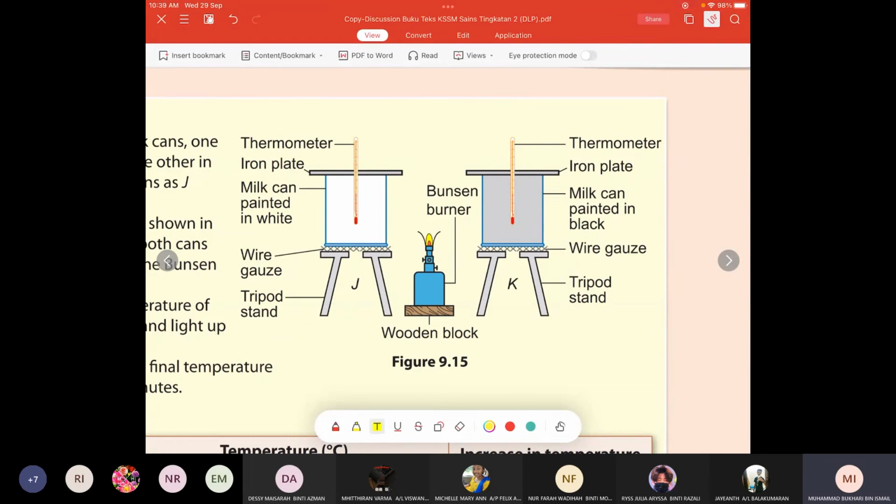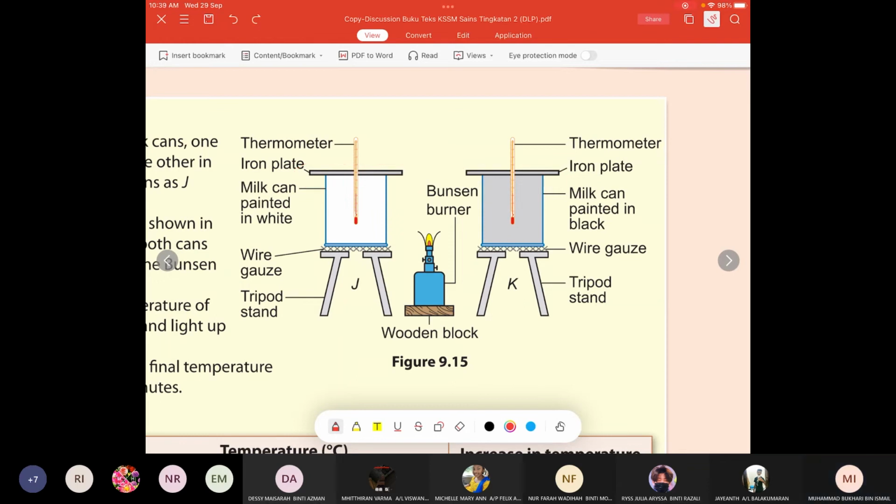One is painted white and the other one is painted black. The cans are covered with an iron plate, to make sure that the air in it cannot be transferred to the surroundings. And then we have a thermometer in it to measure temperature.